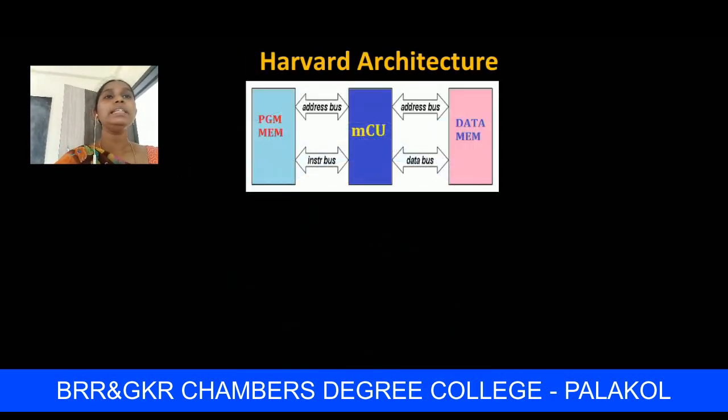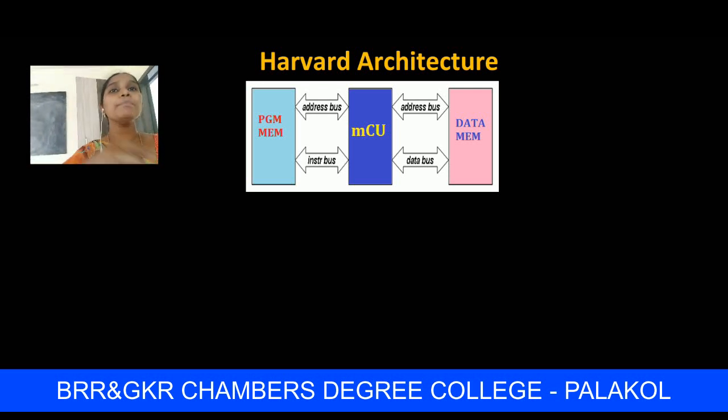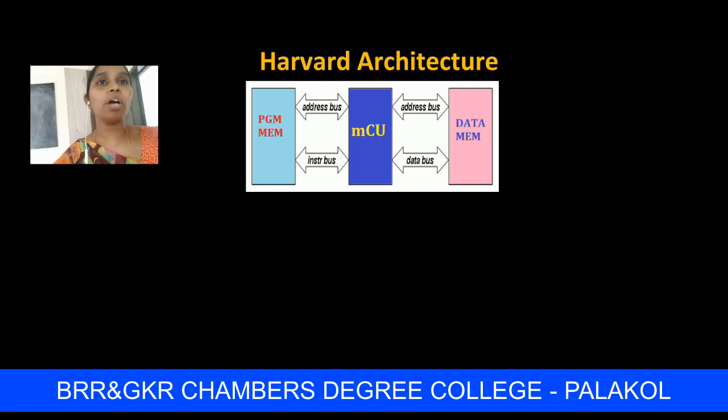Okay, so here this is the Harvard architecture. That means microcontroller-based embedded systems use the Harvard architecture. In this architecture, the MCU is nothing but the microcontroller unit, with PM meaning program memory and DM meaning data memory.